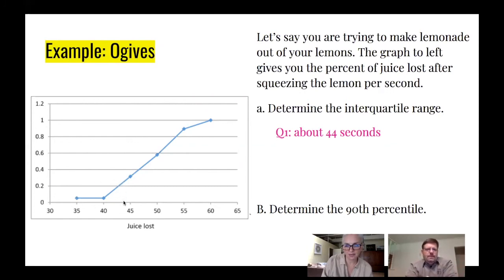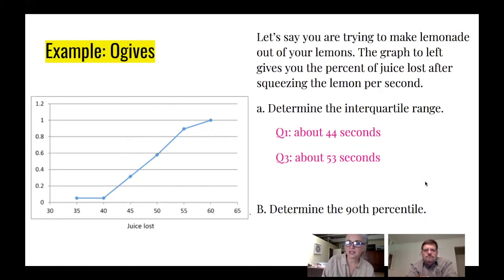So at about 44 seconds, I've squeezed about 25% of the juice out. Then I'll find Q3, which is at 75%. So over and down. Yep, 53. And she's ballparking or estimating these numbers. So I'm saying about 53 seconds.